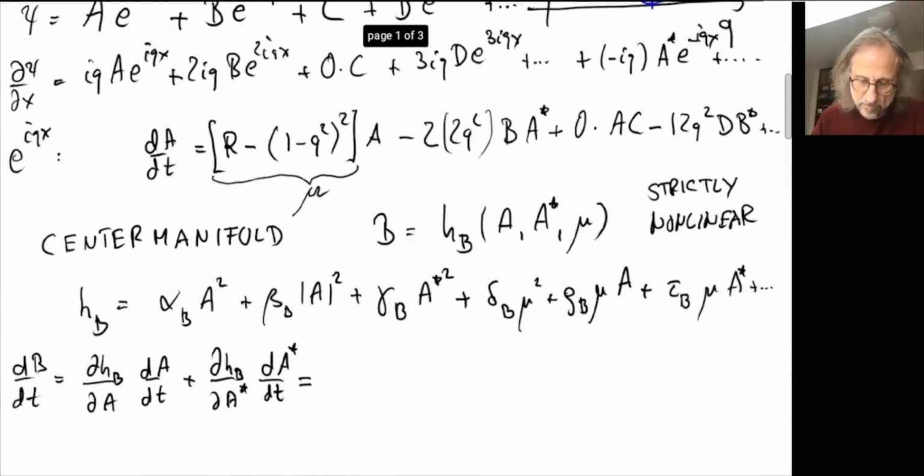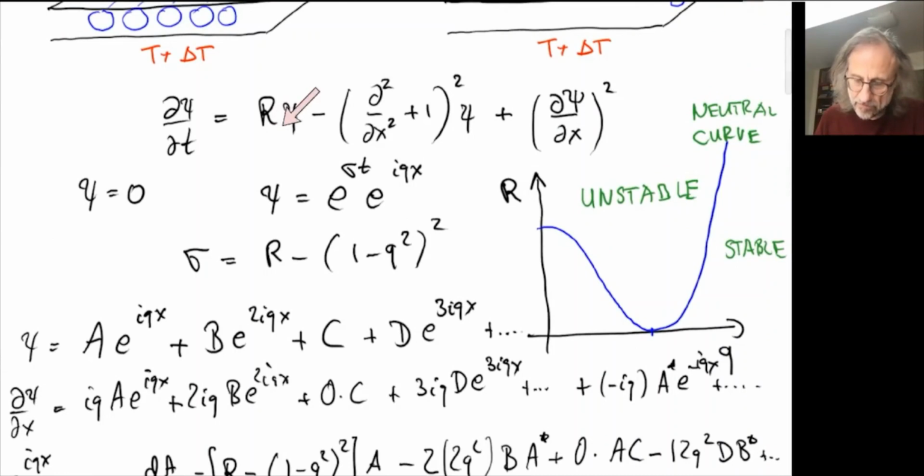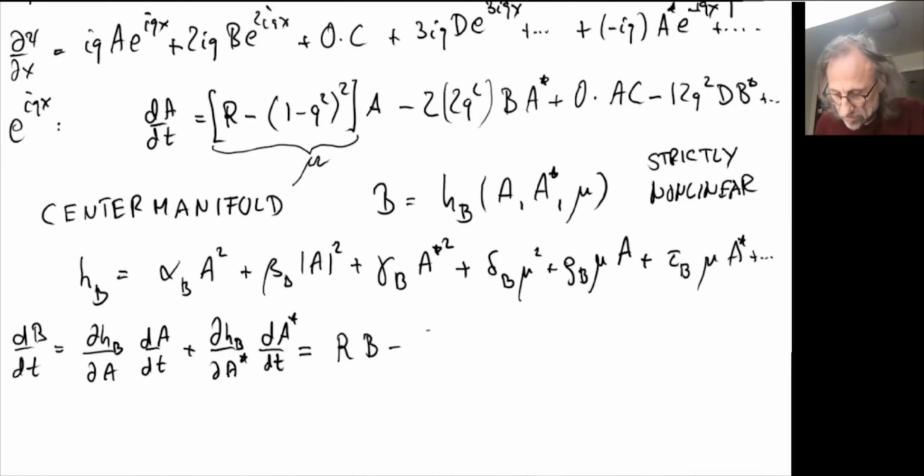So we get first, oh, I should scroll back. So we get first, from this linear term, we get something with b, which looks just like the one for a, except instead of 1 minus q squared, we have 1 minus 2q quantity squared. And then we have the quadratic term. Okay, so let's write that down. We have here an r times b minus 1 minus 4q squared times b.